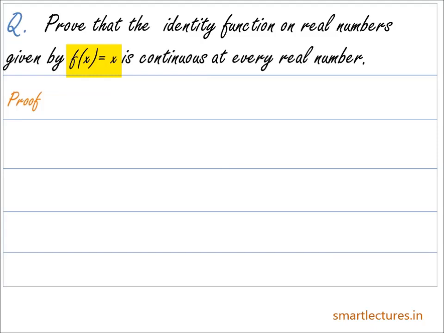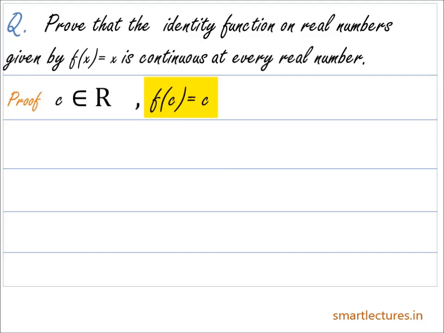Or in other words, if c is a point where c is a real number, then f of c is equal to c. So that means the identity function is defined at every point on the real numbers and its value at the point c is equal to c.